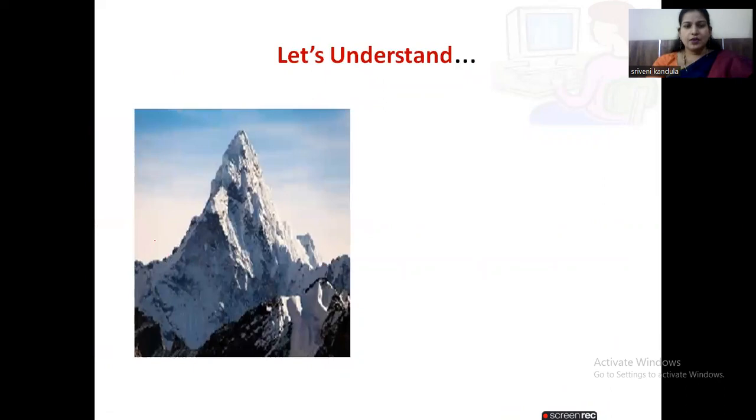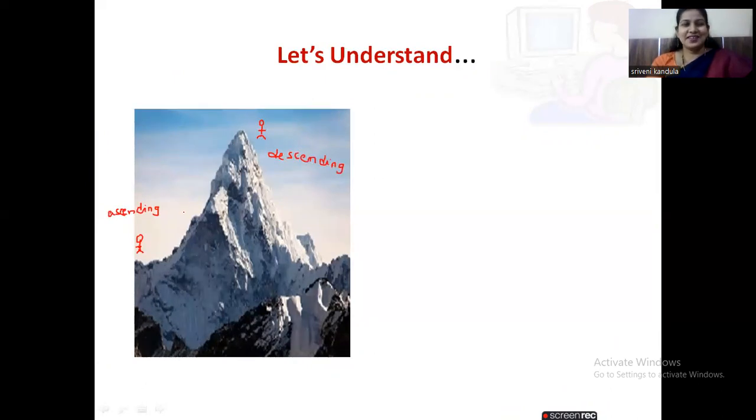Let us try to understand the concept of gradient descent with the help of this picture. Let us take a person who wants to climb this mountain. Climbing is nothing but ascending a mountain. When the task is to get down from this mountain, the task is descending. In mathematics also we have ascending and descending order, if you remember.